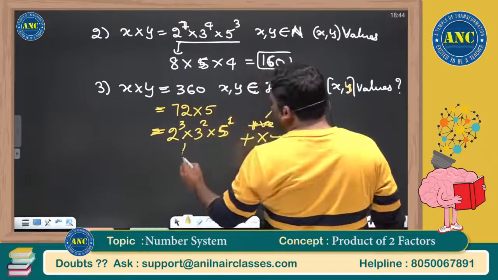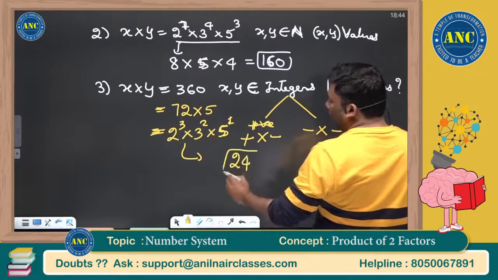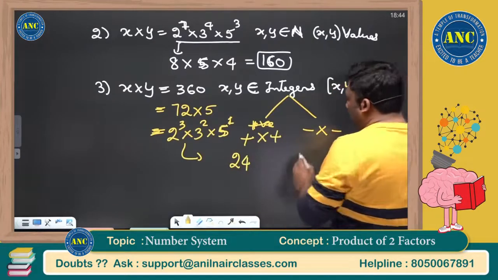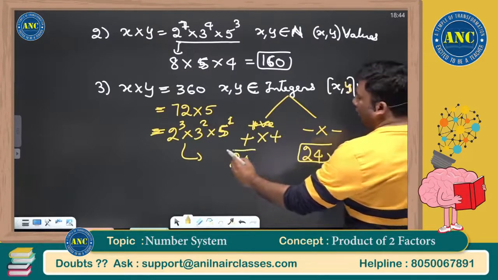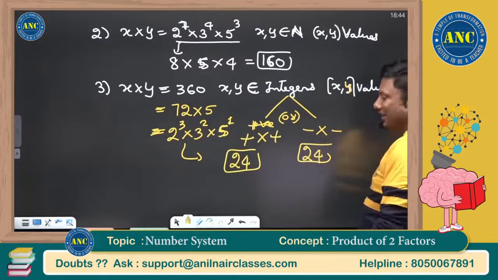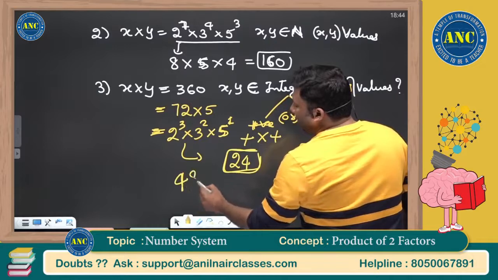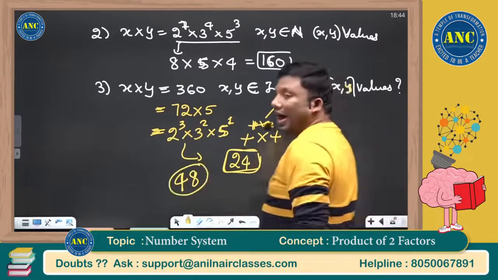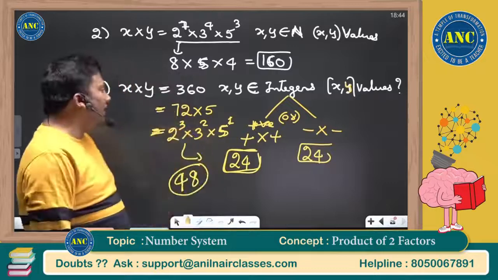So how many factors will there be? 4 into 3 into 2, which is 24. 24 positive into positive, 24 negative into negative. So 24 plus 24, what will be the answer? 48. The answer for this question will be 48. Why is it 48? Why?